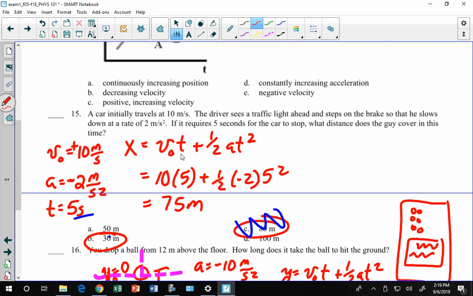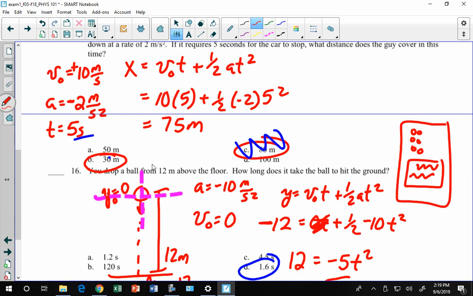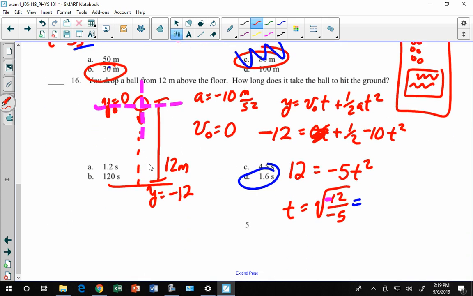Ariel? Back down to 16. Why is that 12 negative? The 12 is negative because this point right here, where the ball is initially, is y equals 0. And since down is negative y, my y final, which is down here, is in the negative direction. This is my xy coordinate system.